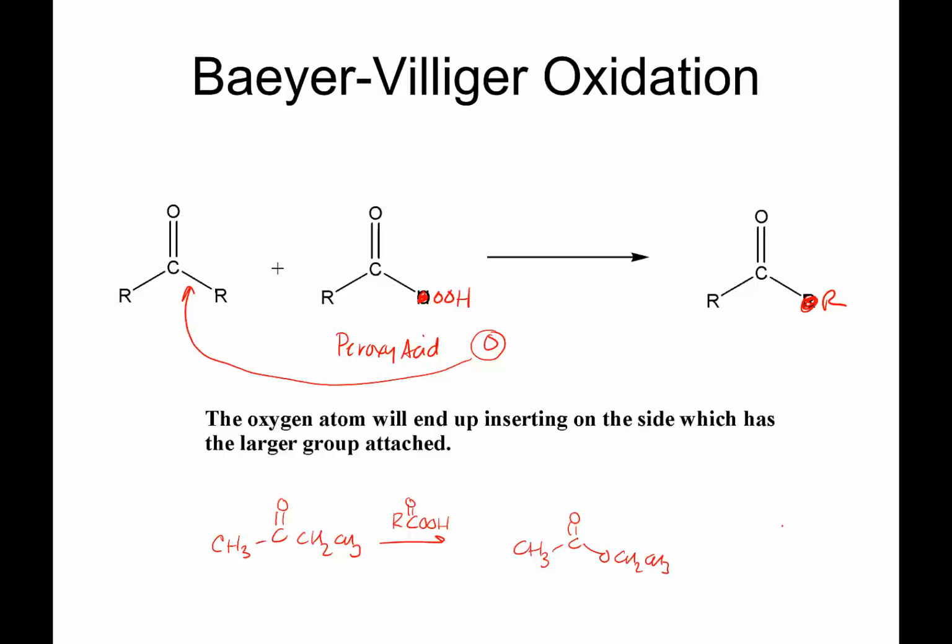So I could turn methyl ethyl ketone into ethyl acetate. Which is a neat trick. But doing this with acyclic ketones is pretty boring. Because where this really becomes important is if you want to make cyclic esters.